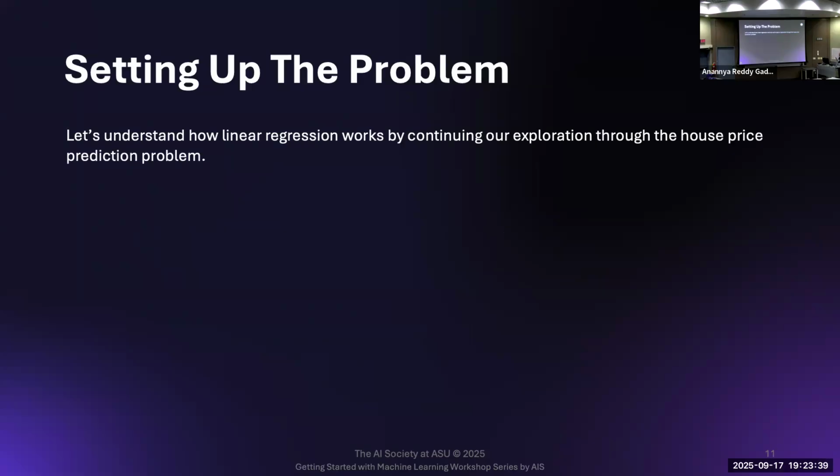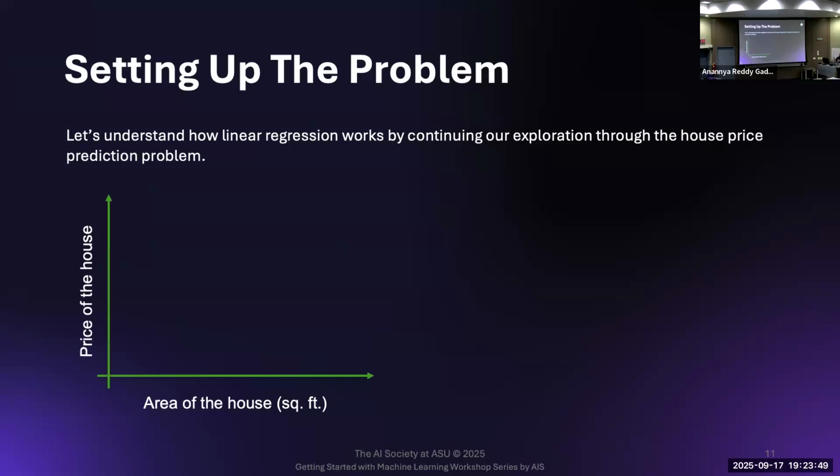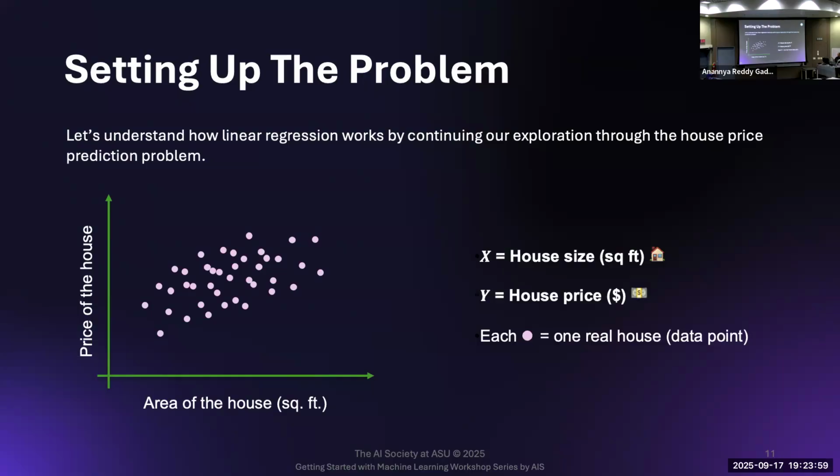Now we'll be understanding linear regression again visually. Let's take the area of the house in square feet as the x-axis and the price of the house in dollars as the y-axis. These are the actual data points, and this is the best fit line.